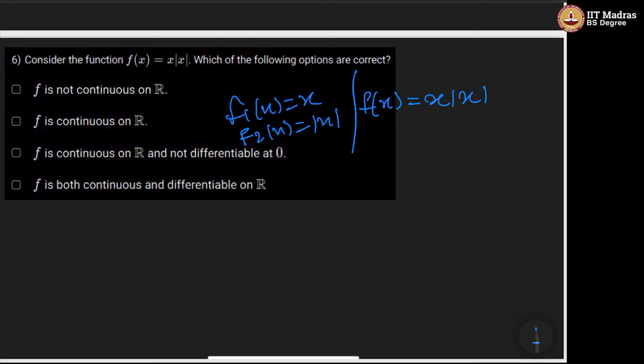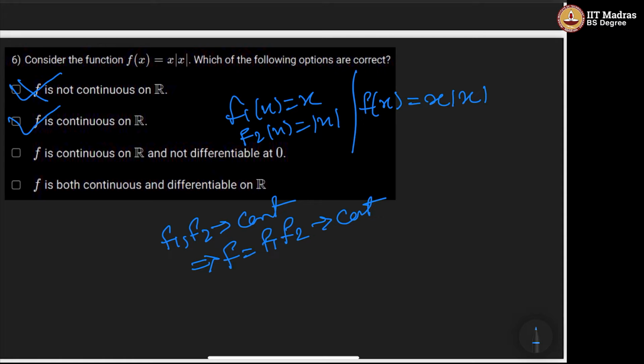And if f1 and f2 are continuous, then the product of f1 and f2 is again continuous, right? So this function is continuous. That means f1, f2 are continuous, which implies f equals f1 f2 is also continuous on R.